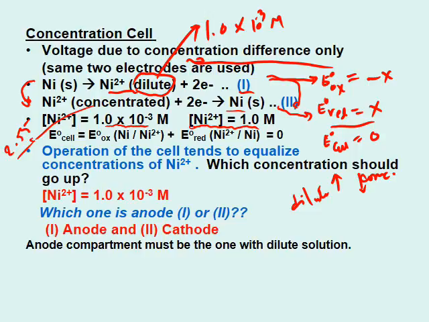Now we have identified which one has the dilute solution and which has the concentrated solution. Based on that, can we say which one is the anode and which is the cathode? Yes, we know that the anode undergoes oxidation. So obviously compartment 1 undergoes oxidation and compartment 2 undergoes reduction, with compartment 1 having the diluted solution and compartment 2 the more concentrated solution.